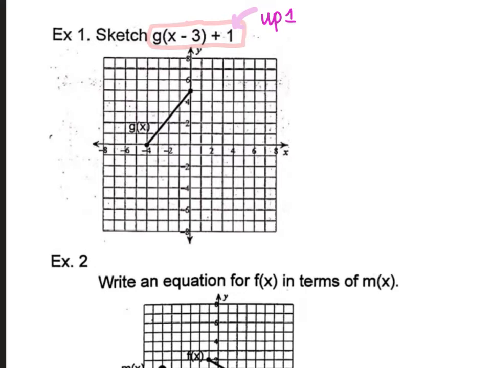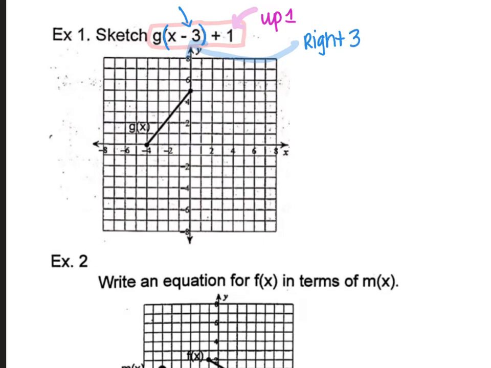We also have minus 3, but this minus 3 is inside the parentheses. So because it's inside the parentheses, a minus means that we are going to go right. And in this case, the number is 3. So we're going to go up 1, right 3.